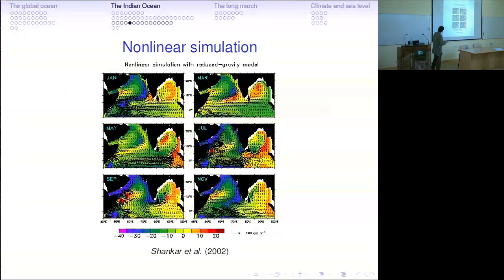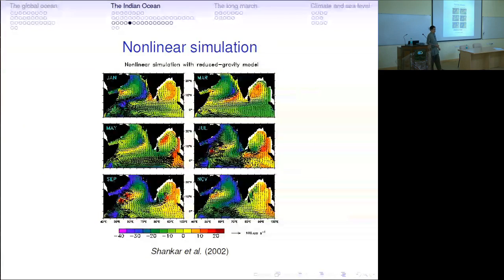You have a gyre in March, the current is stronger in March than it is in July, and the West Coast current in winter flows against the wind. So it does roughly what the GCM does, except that now you have a single layer, so you don't get the undercurrent and other features. It also produces the Somali current, and most of the observations that you see in the northern Indian Ocean.